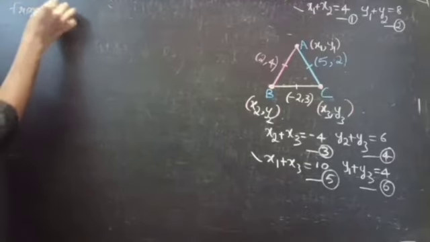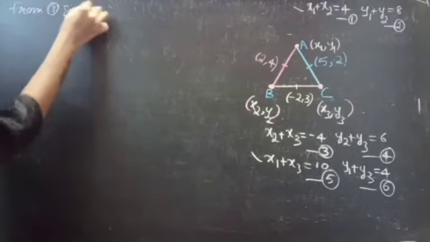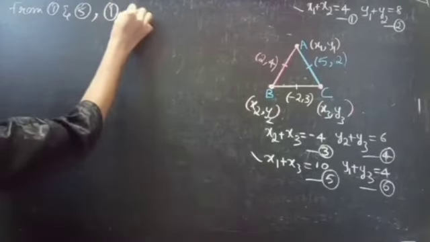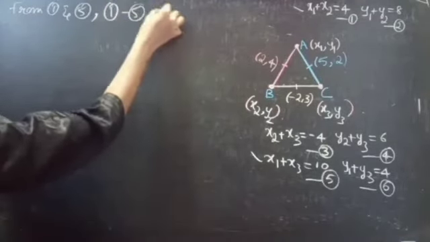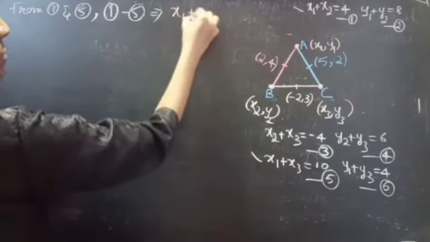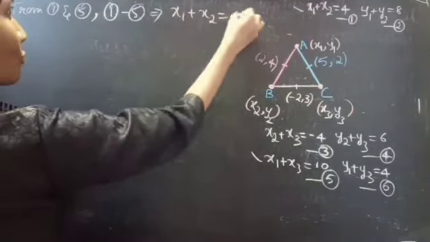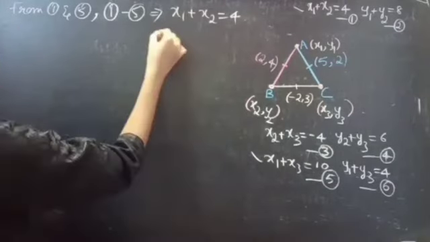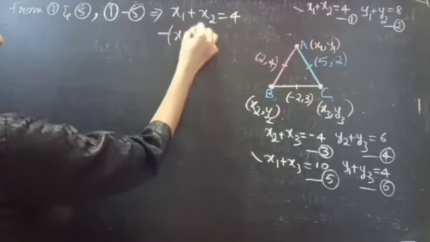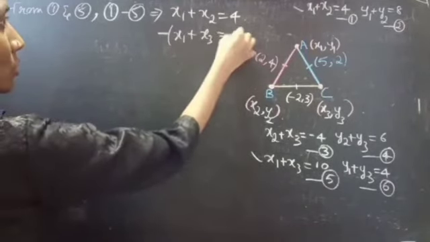From equation 1 and 5, 1 minus 5 gives: x1 plus x2 equals 4 is your equation 1, and x1 plus x3 equals 10.